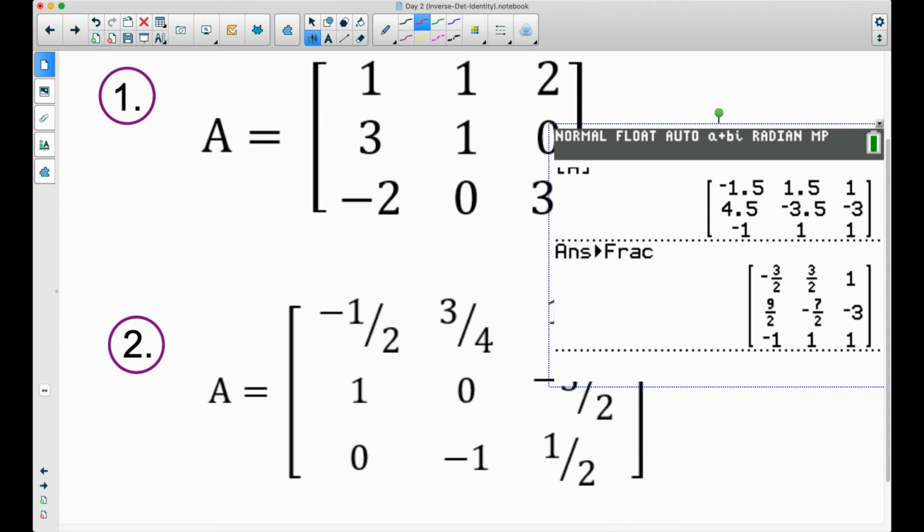Okay, that's one approach. Another approach is if you have your calculator mode just set to fractions, which mine is. I just didn't do it. Interesting.